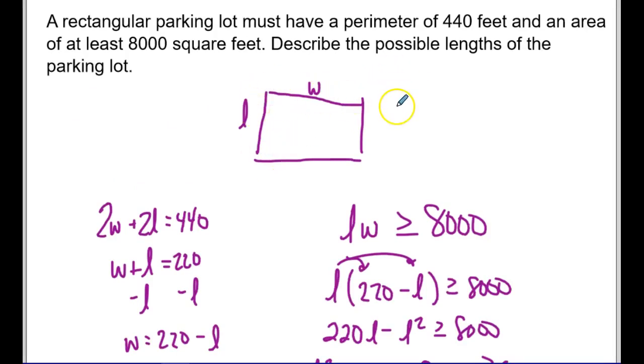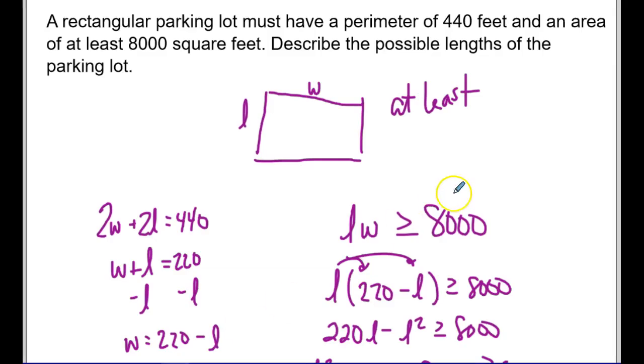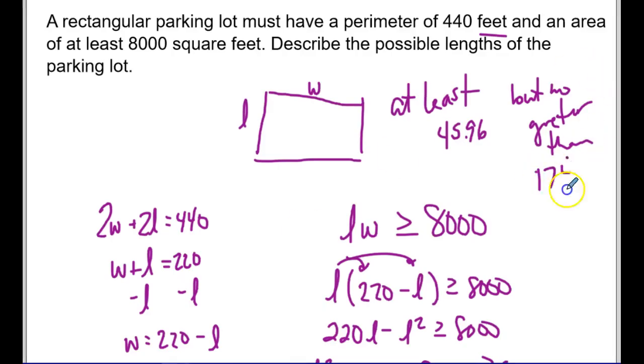So the length needs to be at least, right? And because we're given a word problem, we often have to use sentences to answer it. So the parking lot needs to be at least 45.96 feet, right? Because we're dealing with feet, but no greater than, that would be my other intercept, 174, but no greater than 174.